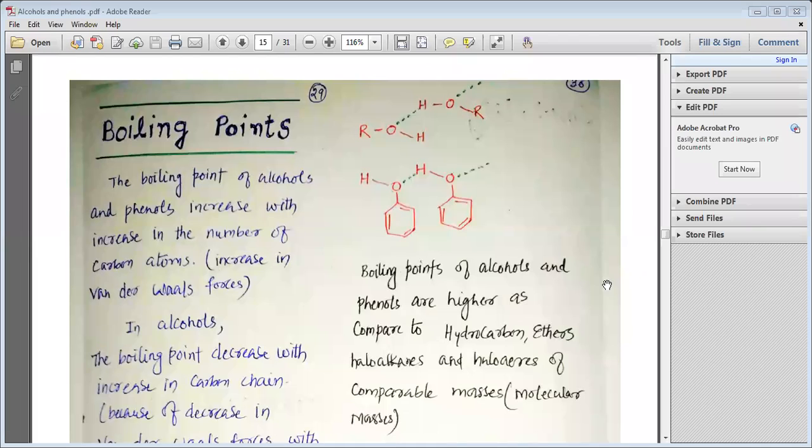We have seen the various methods of preparation of alcohols and phenols. We have started studying their physical properties.